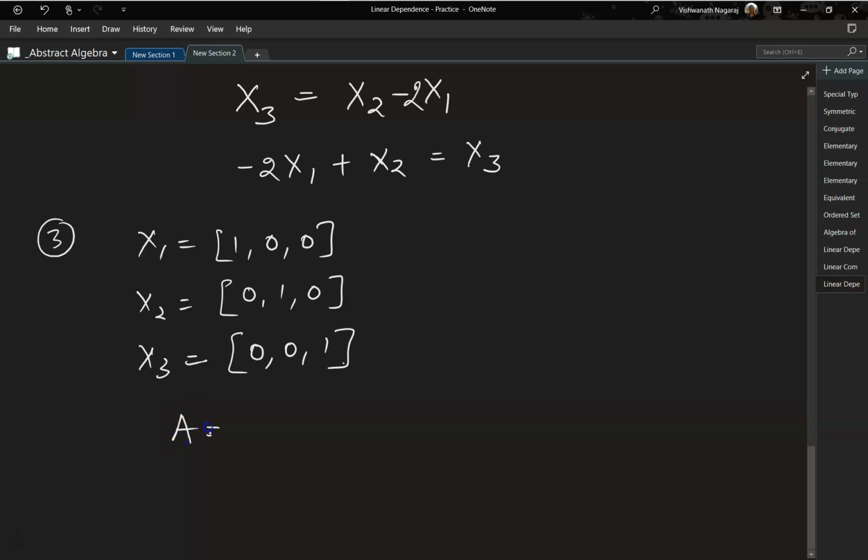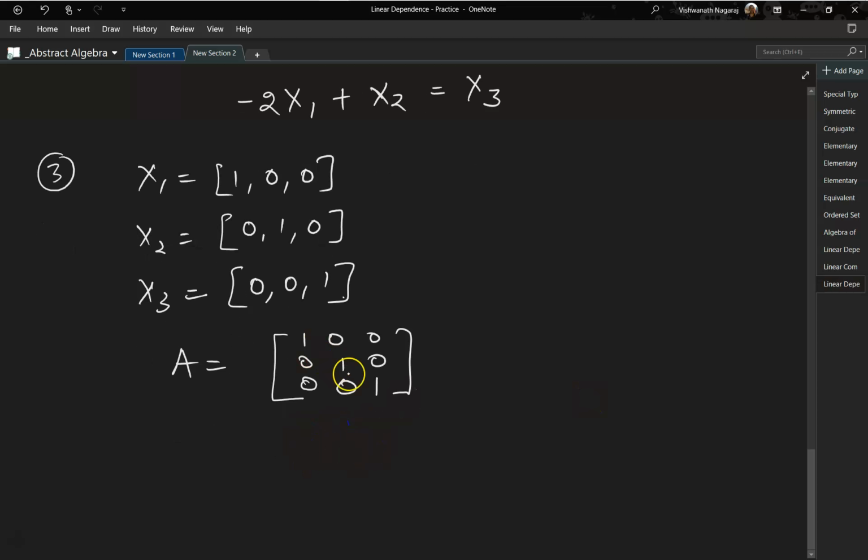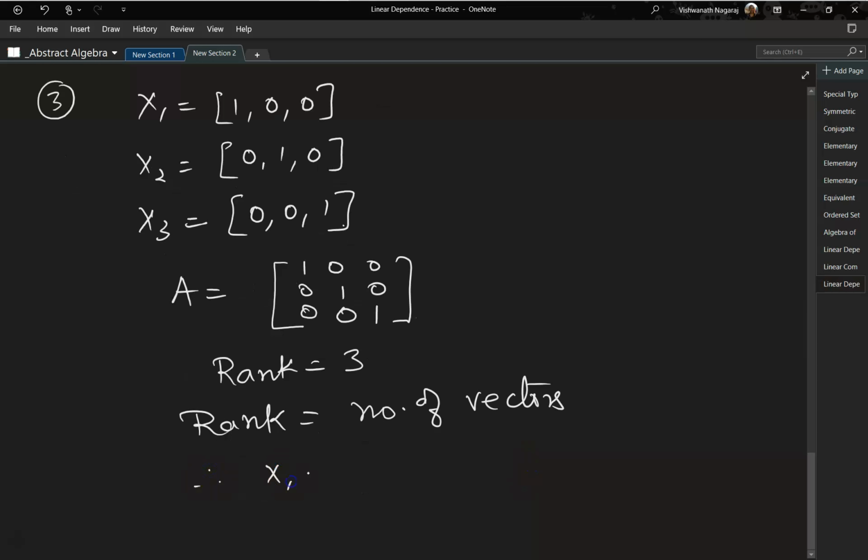So we can write this in the matrix form: 1 0 0, 0 1 0, 0 0 1. Now it is already in the reduced form, so that means rank is equal to 3, and rank is equal to the number of vectors. So therefore x1, x2 and x3 are linearly independent.